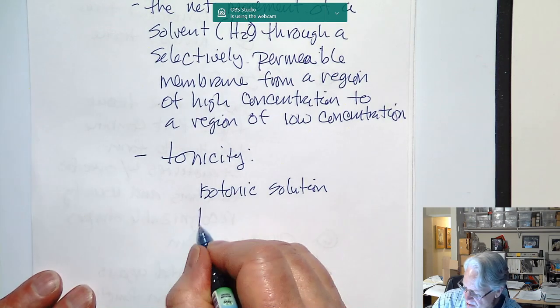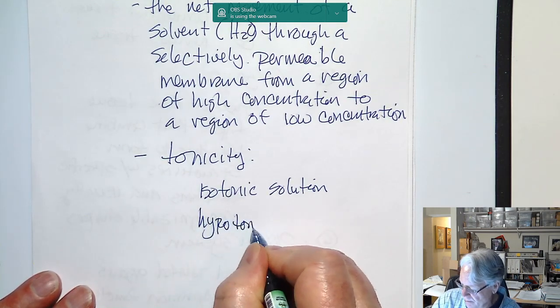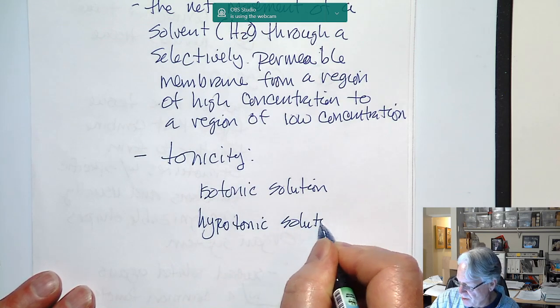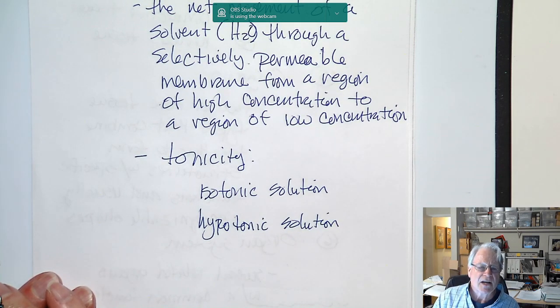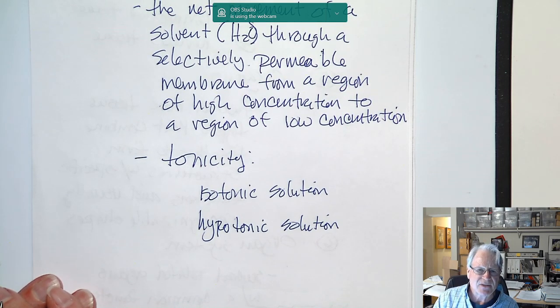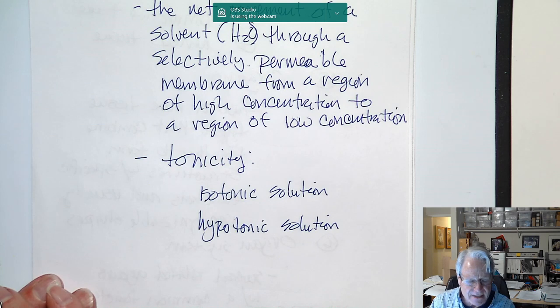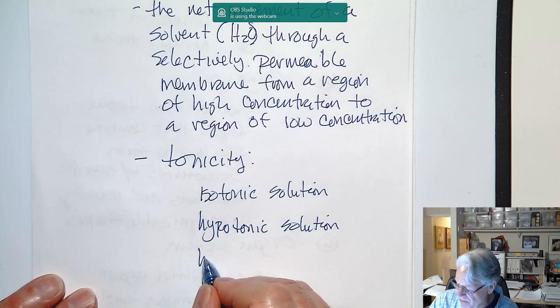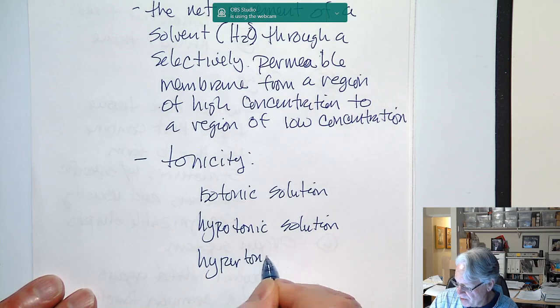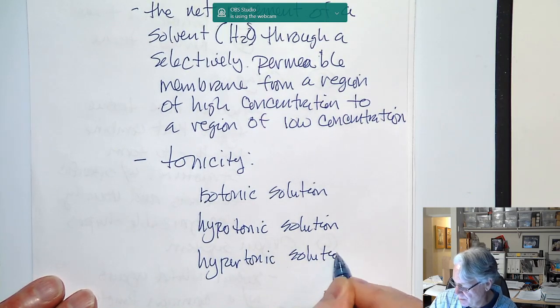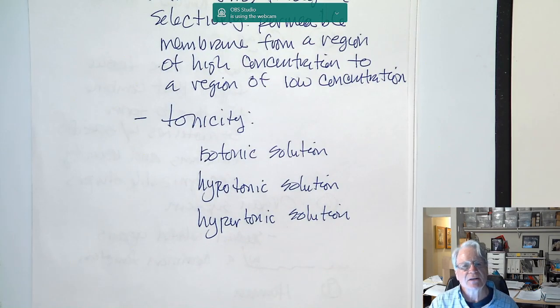We can have hypotonic solution, in which case the concentration of solutes on the outside of the cell is less than in the inside of the cell. Or we can have a hypertonic solution. And in that solution, the concentration of solutes on the outside of the cell is greater than on the inside of the cell. And each one of these conditions has implications for the conditions of that cell.